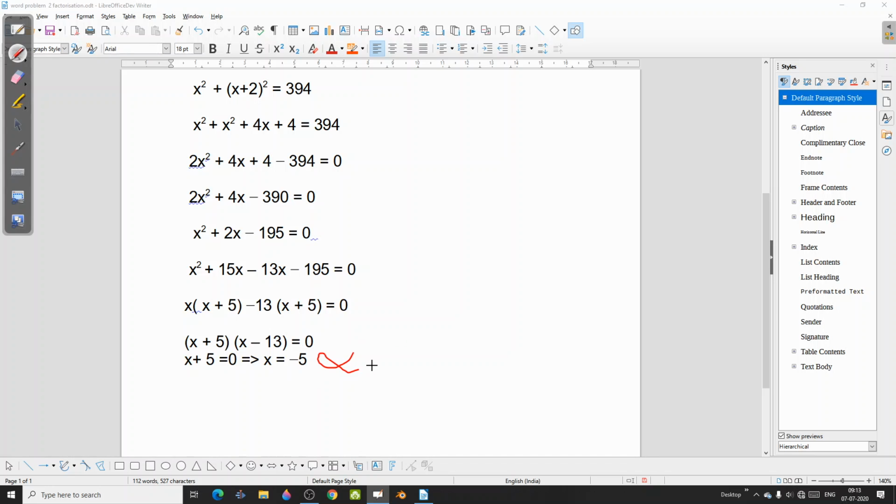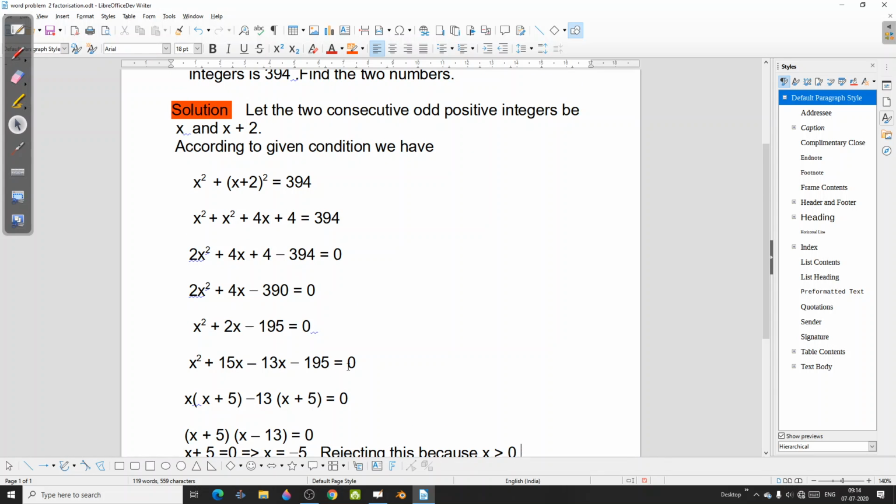Because it is given to us that x should be greater than 0. Because x has to be a positive odd integer.